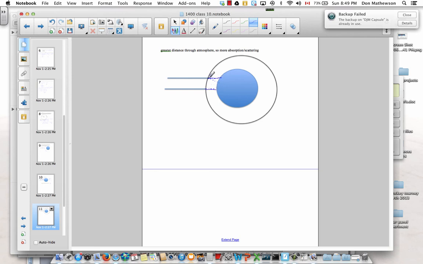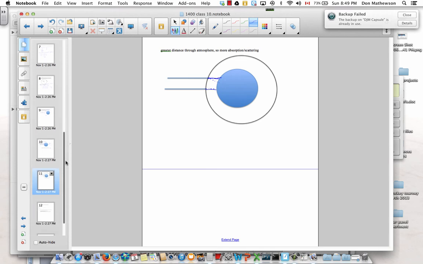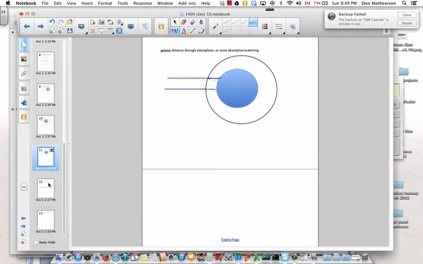So you're actually going further through the atmosphere when you're at higher latitudes, and therefore those effects that we discussed earlier, absorption and scattering, are greater as you get to higher latitudes. And so all of these factors together reduce that 1400 watts per square meter down to a typical value of about 1000. Now, it does depend on latitude.